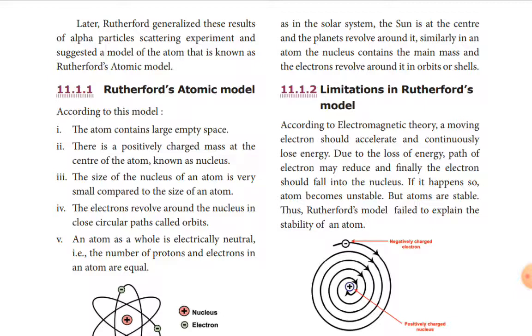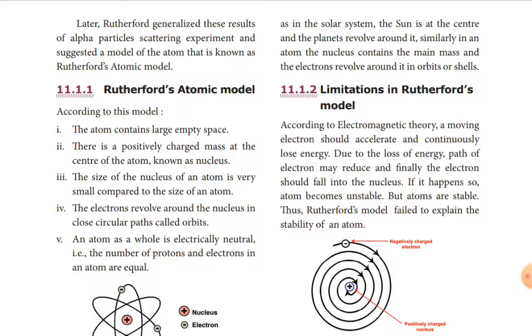Second point, there is a positively charged mass at the center of the atom known as the nucleus. So the center of the atom is highly concentrated, a very small volume, that is called the nucleus, a positively charged center, because only very few particles were deflected from their path.